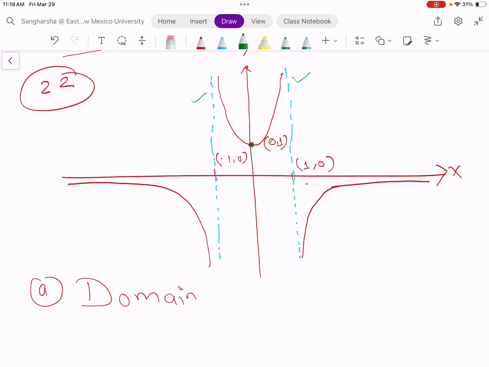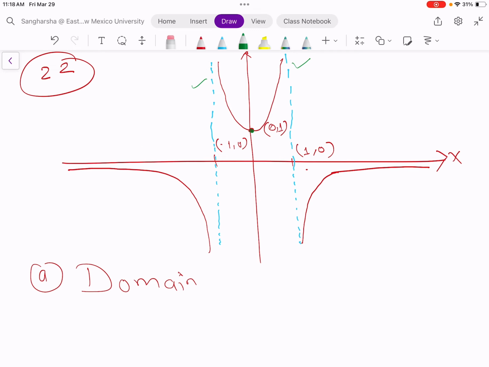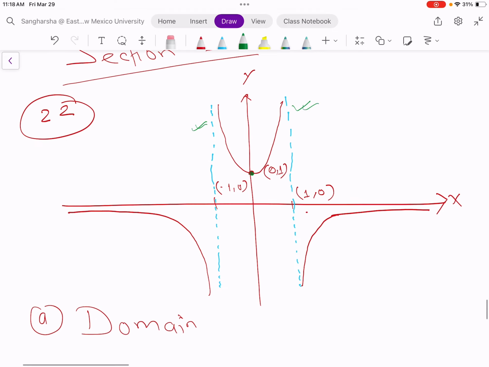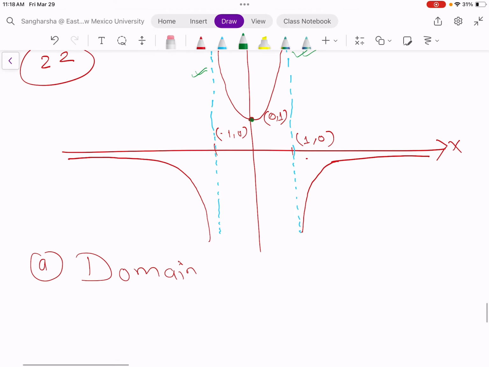That's the y-intercept. Now we know that these two are the vertical asymptotes. What will be the domain for this function? It means what are the x values that this graph can have. The x-axis has every number from negative infinity to positive infinity. That's a number line. Now from negative infinity to positive infinity, what are the x values that this graph can have? That is the domain. So what will be the domain for this function?